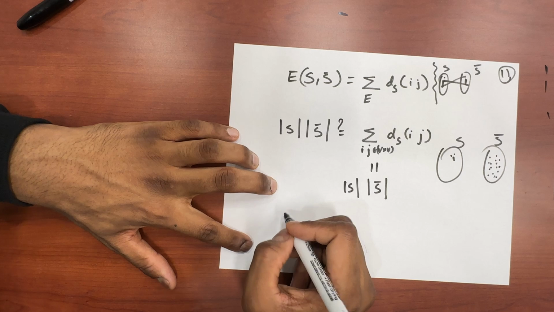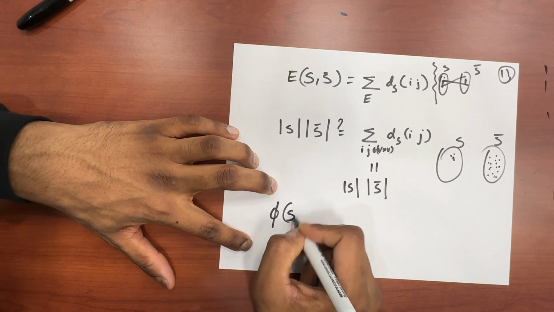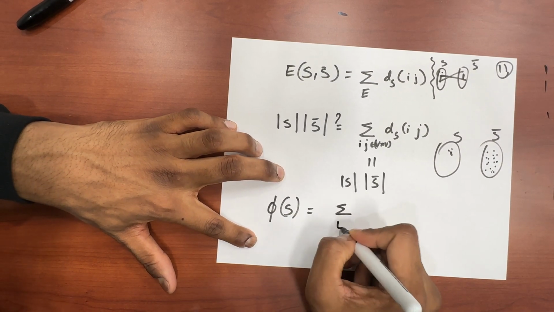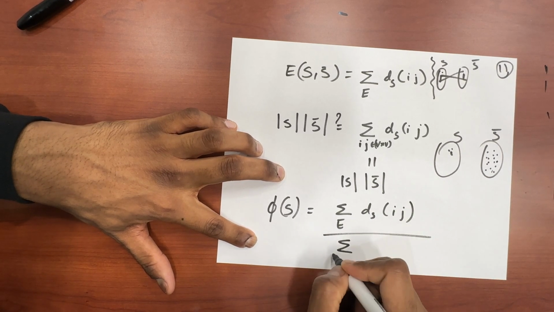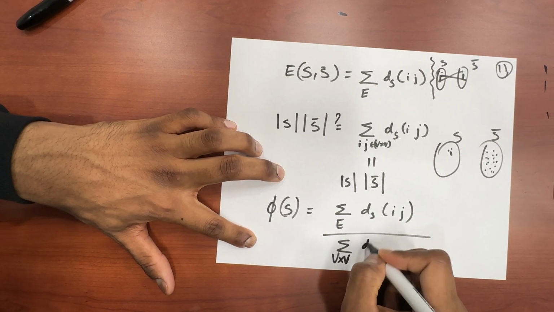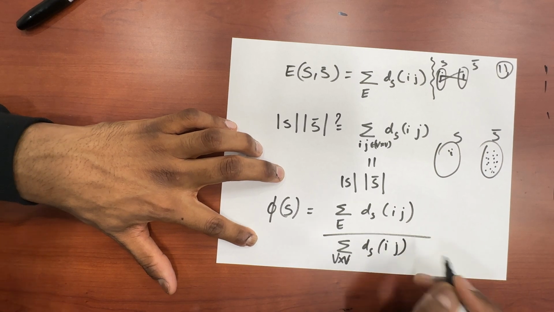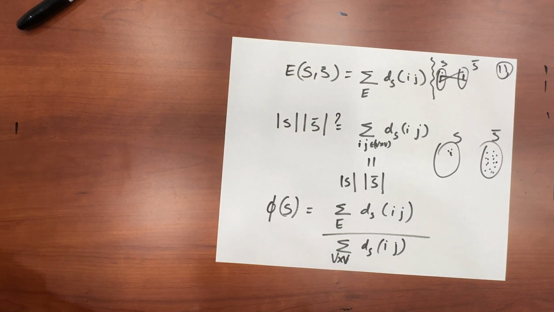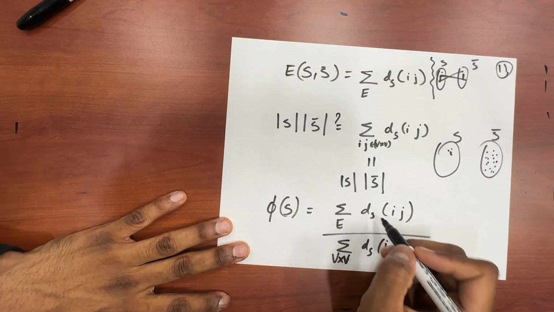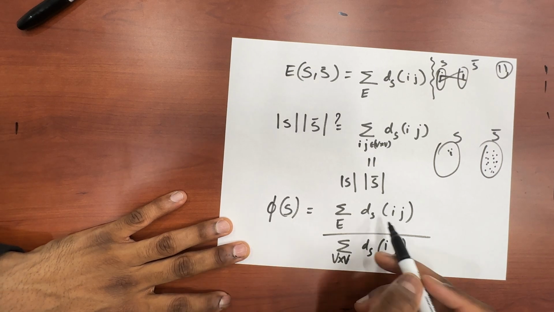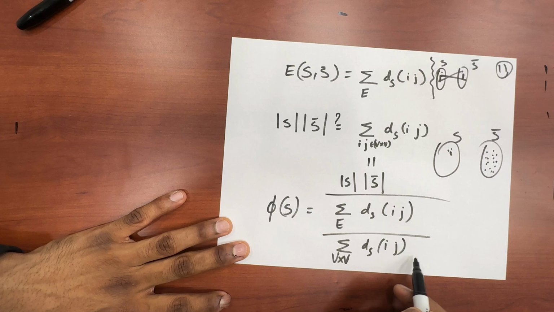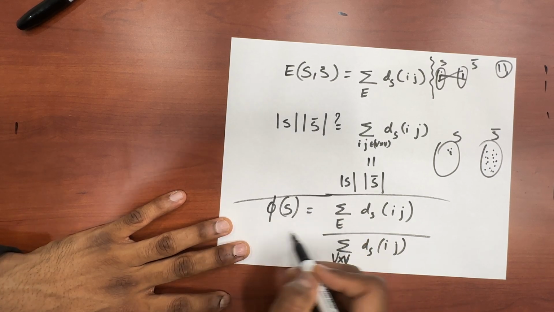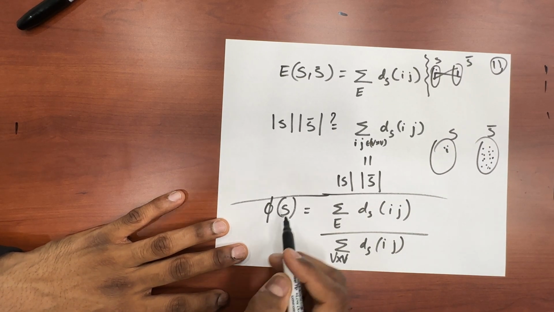So this is exactly equal to S times S bar. So now the sparsity for a given set can be written as the sum over edges of the cut metric ij over the sum over all pairs of the cut metric ij. It's a very nice formulation, right? Now I have a cut S. I can take the sum over all edges to be the numerator, and the sum over all pairs to be the denominator. This is precisely the new definition of the sparsity that we defined.